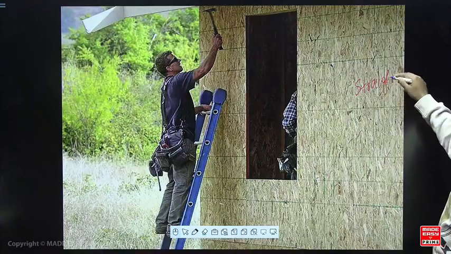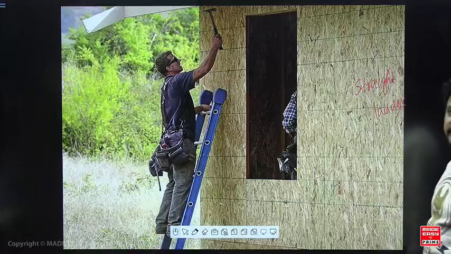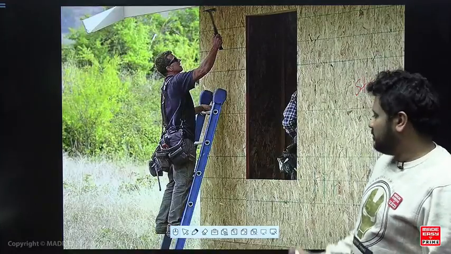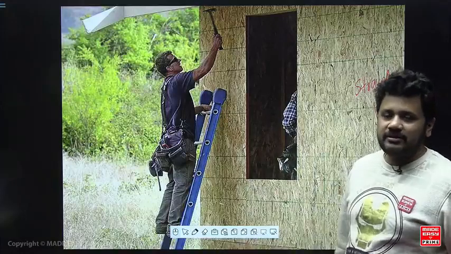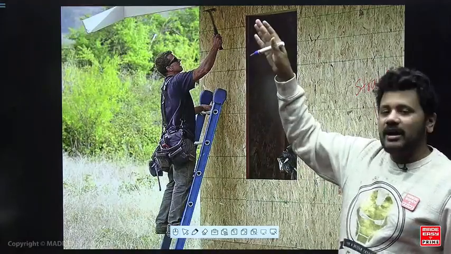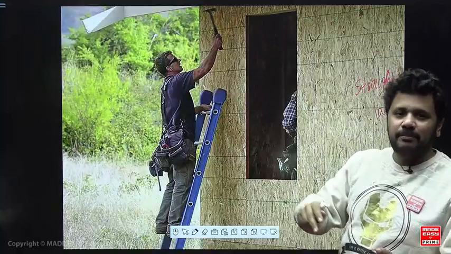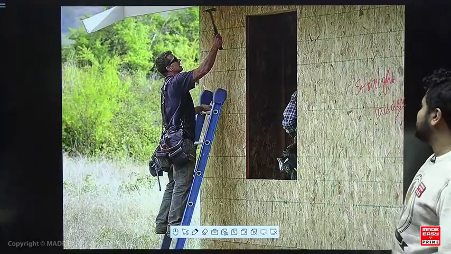Extension ladders are used by the internet guys. आपने देखा होगा, एक्चुअली मेरे पास पिक्चर नहीं है. If you see the extension ladder, जहाँ पे इंटरनेट के लिए पोल पे लगाते हैं ना, they will extend the ladder up to a certain height, and again they can compress it. This is portable, right? So this is basically a straight ladder.